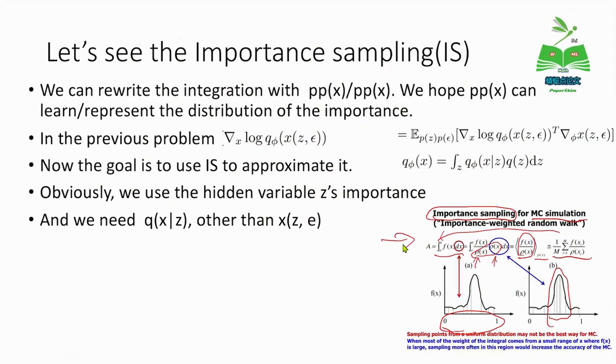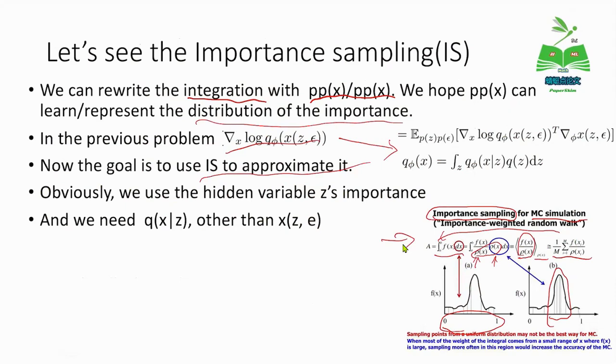We want to rewrite the original integration with a new distribution, and we hope the new distribution can learn or represent the distribution of the importance. So in the previous problem, this is the integration problem. Now we have the final goal, the target: we want to use importance sampling to approximate it.